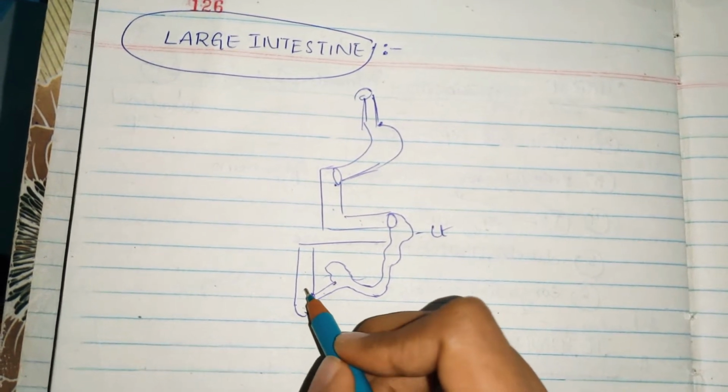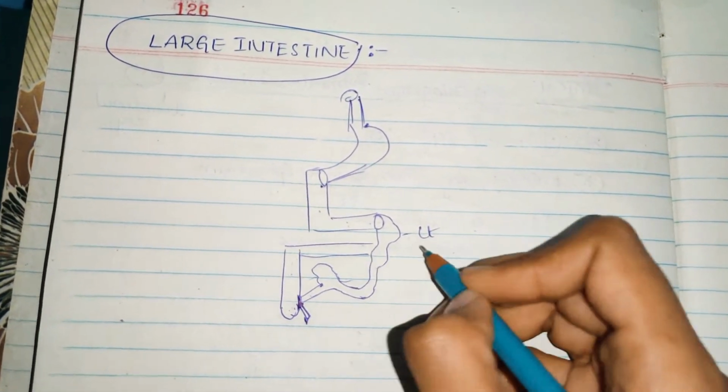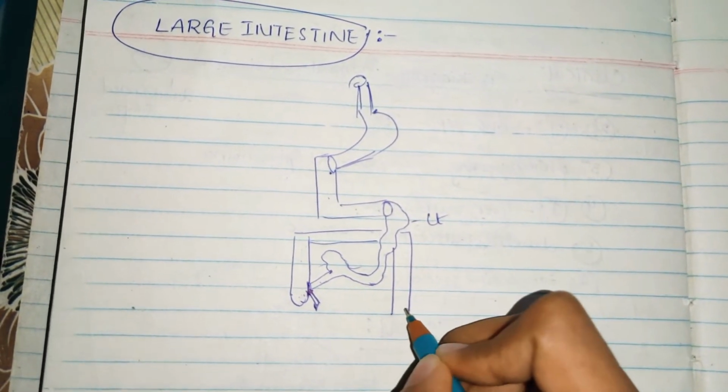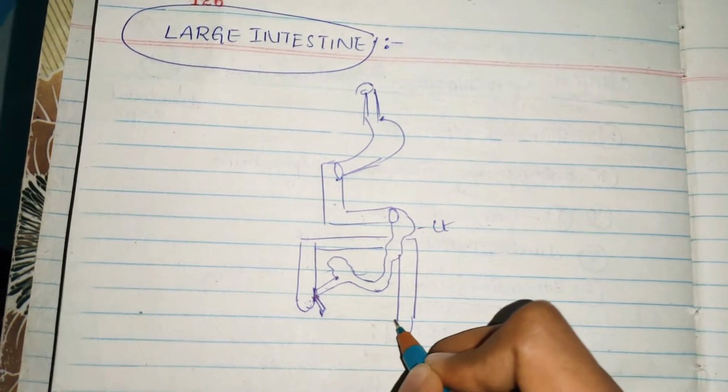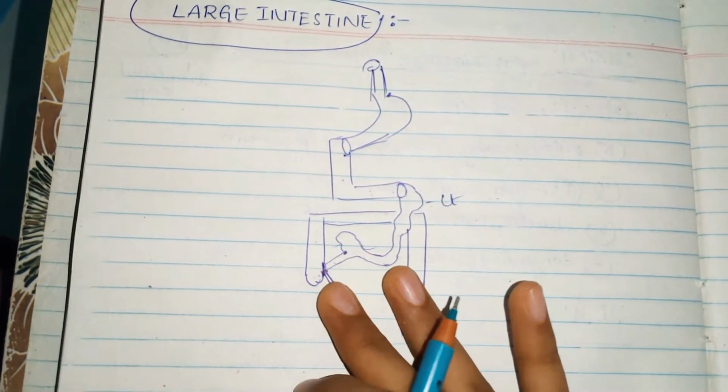This is the cecum, this is the ascending colon, this is the transverse colon, this is the descending colon. And here you have the rectum and anus. So this is all about the large intestine.